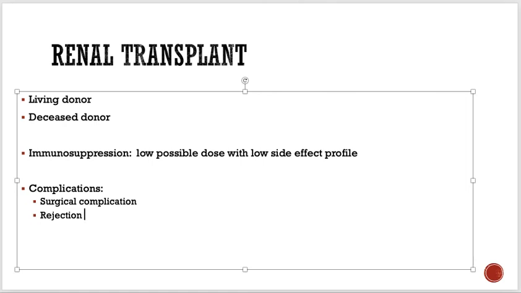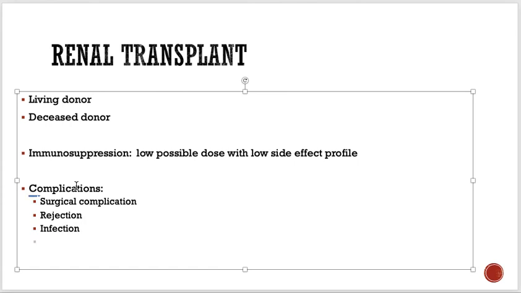Acute rejection is either antibody mediated or cell mediated. Cell mediated is the more common one, and chronic is mostly antibody mediated. Infection can also be there.